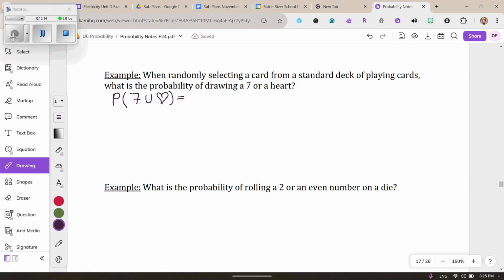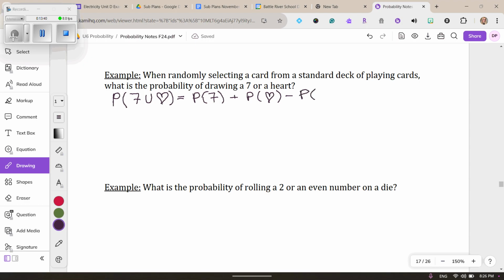So we know that we have to find the probability of a 7 added to the probability of a heart. However, we run into a problem here, and that is that there is a 7 of hearts. These events are not mutually exclusive. So that means we have to subtract the overlap.